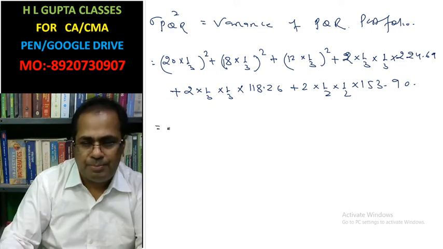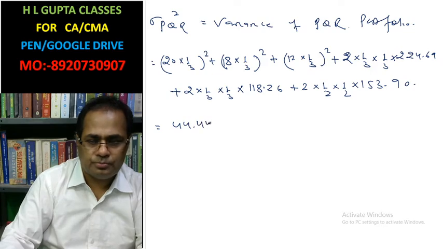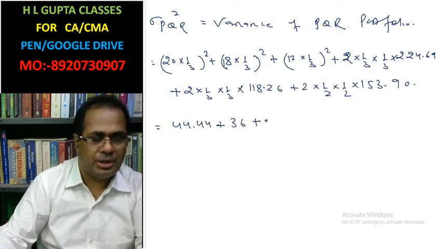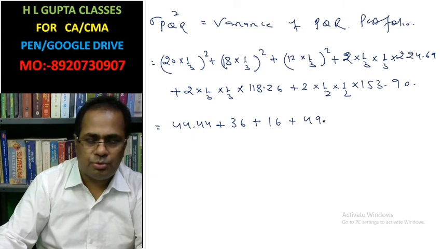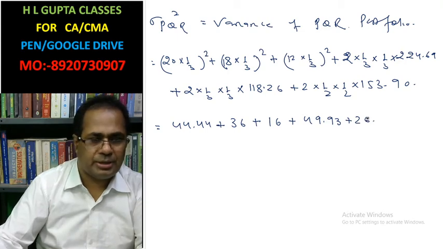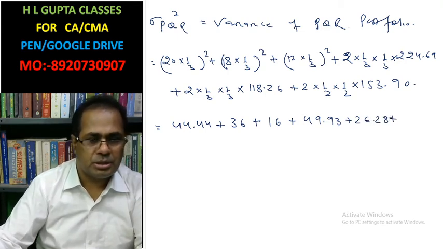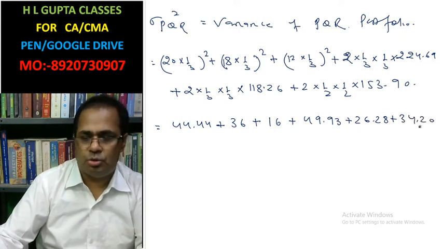Ultimately you have 44.44 plus 36 plus 16 plus 49.93 plus 26.28 plus 34.20.